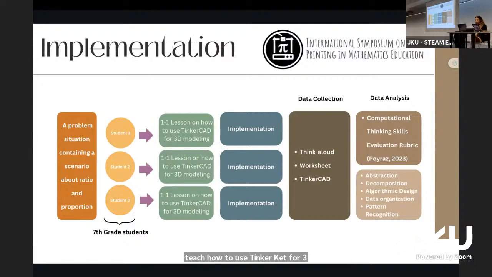To collect data, we used the Tinkerlab method, students' worksheets and their designs on Tinkercad. To analyze data, we used the computational thinking skills evaluation rubric. It includes the computational thinking components such as abstraction, decomposition, algorithmic design, data organization, and pattern recognition.